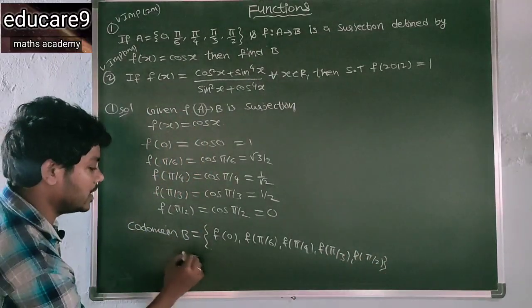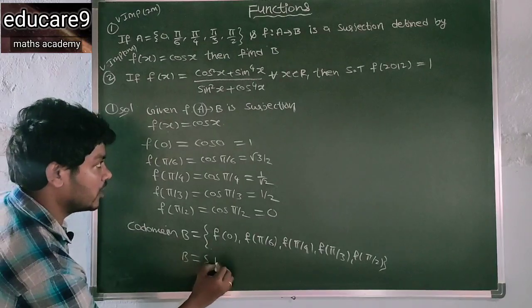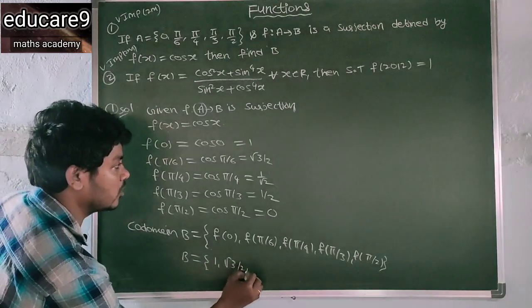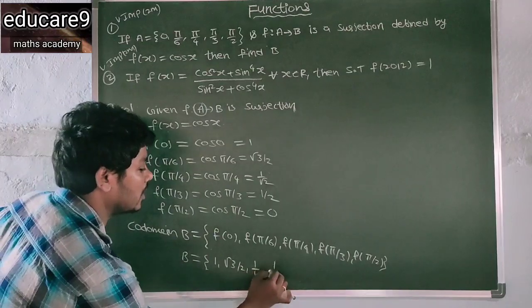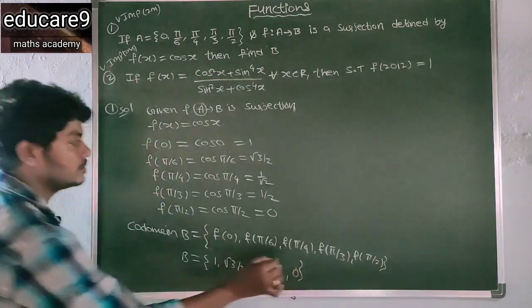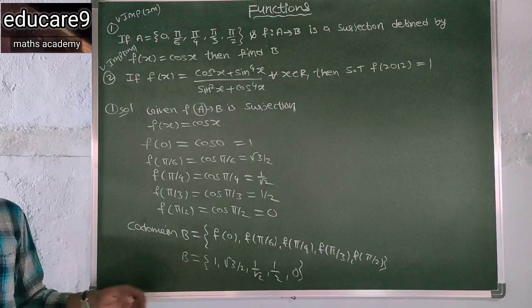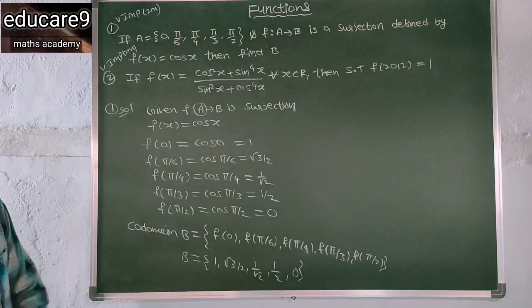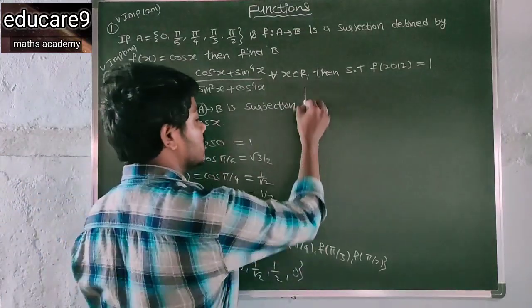So clearly B is equal to 1, root 3 by 2, 1 by root 2, 1 by 2, 0. So these are the codomain values.